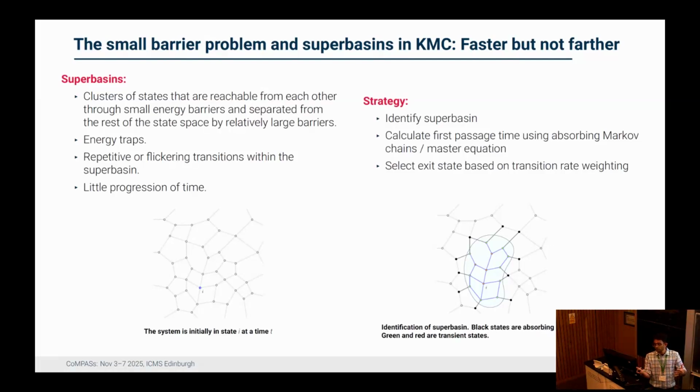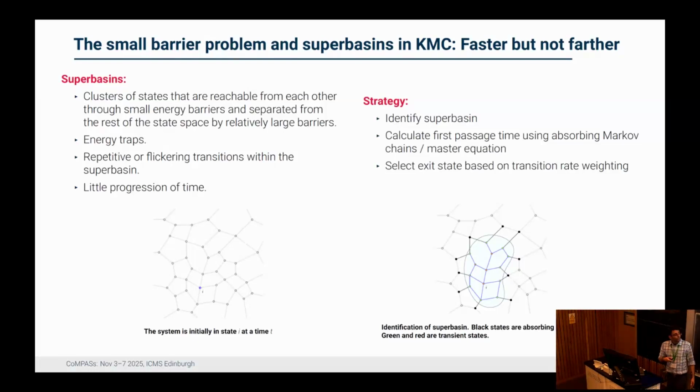Any transition that is comparable to KBT, you just treat as roughness because it should not be there in fact. And the other ones, which are low-lying barriers, you group into a super basin. The characteristic of the super basin is that the barriers inside are very small, but once the system goes out, it is okay. So you can model the outer ones as absorbing states.